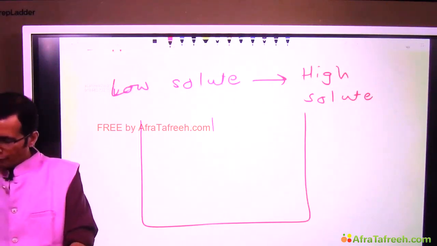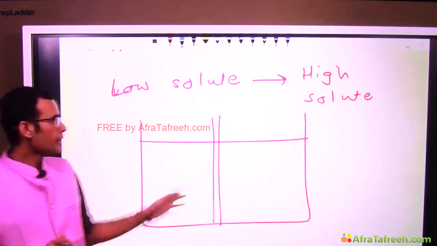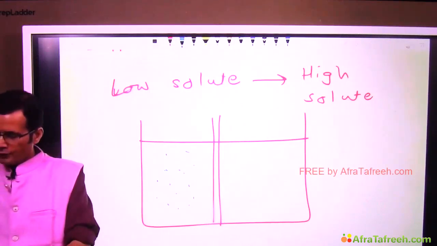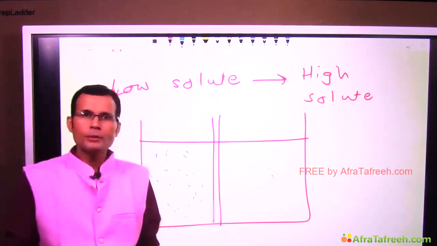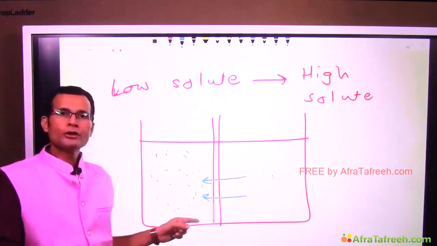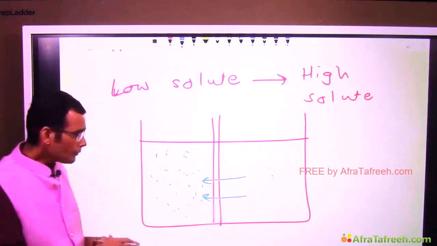So, if we have two solutions and they are separated by a semi-permeable membrane, then the water, which is the solvent, will go from low solute concentration to high solute concentration through the membrane.